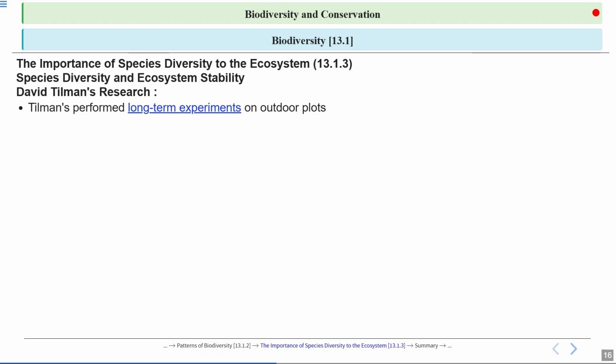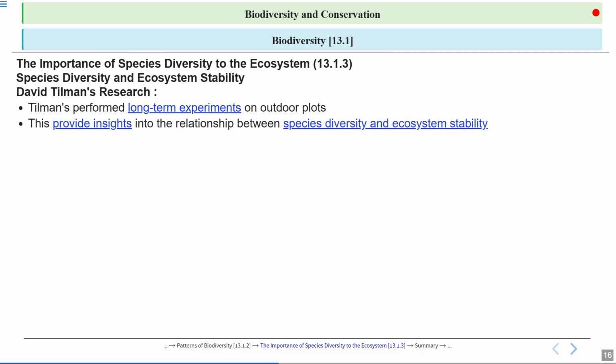By watching these plots for many years, he could see real patterns, not just short-term changes. These experiments gave us important insights into how species diversity and ecosystem stability are connected. In other words, Tilman was able to show how having more types of species can make an ecosystem more stable.